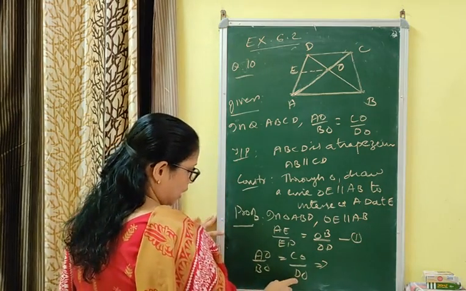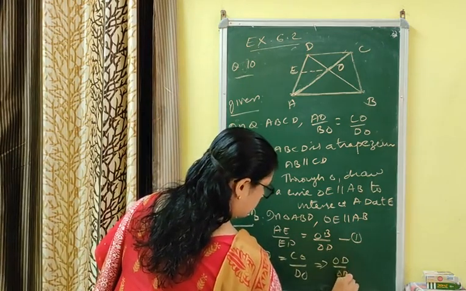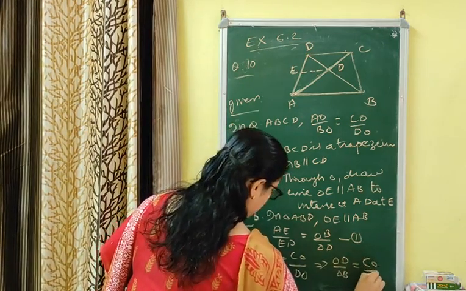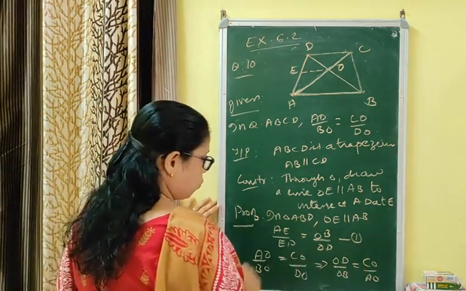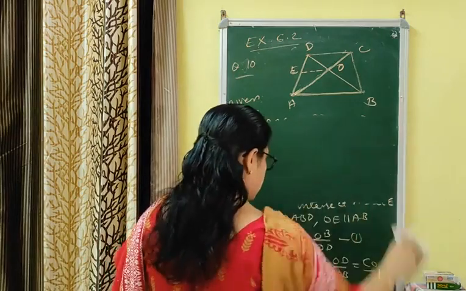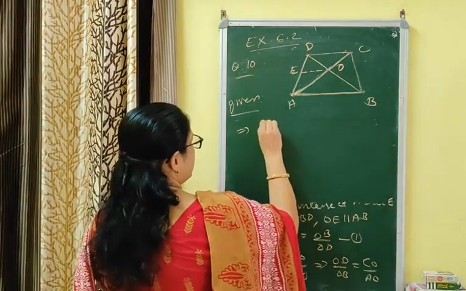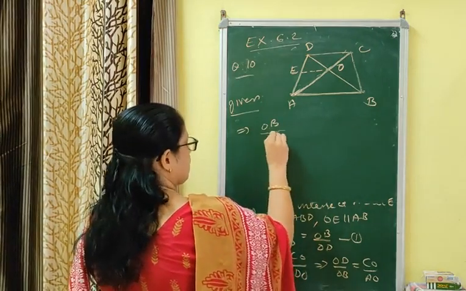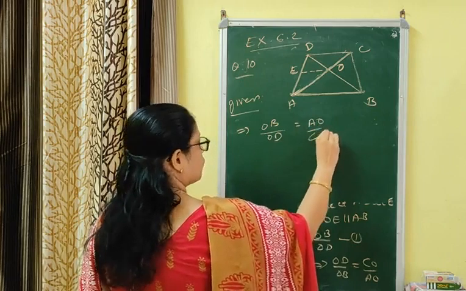That implies OD by OB is equal to CO by AO. But you want OB by OD, so you can just take the reciprocal. That implies OB by OD is equal to AO by CO.